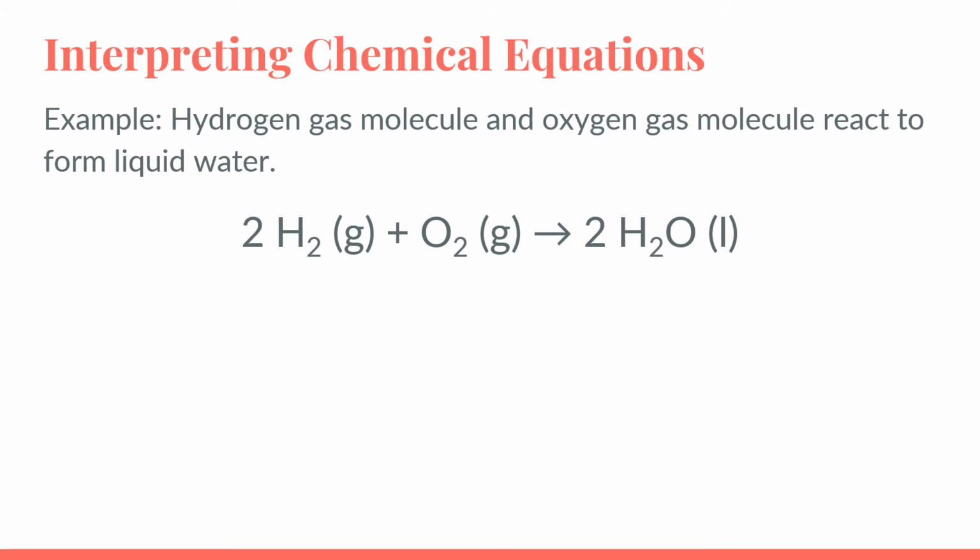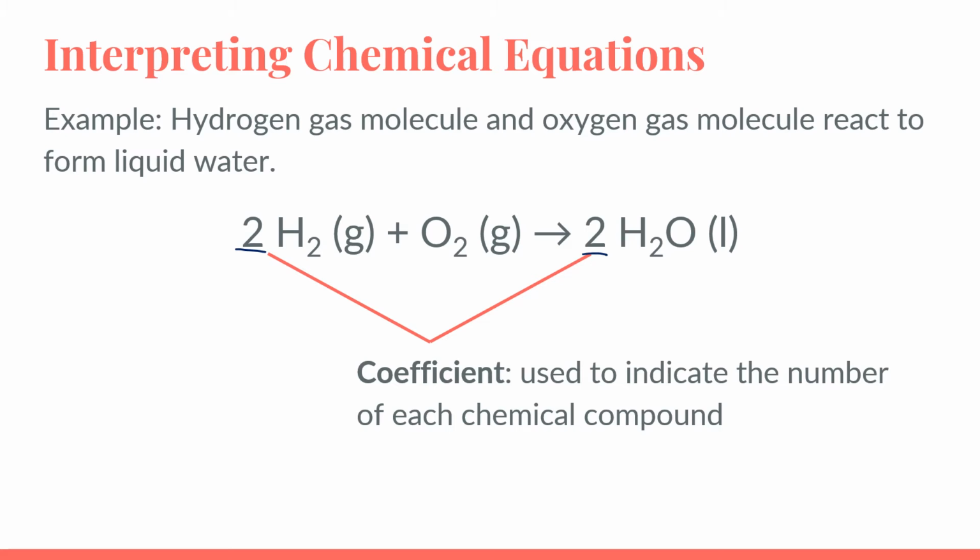Probably the most important part of balancing an equation is recognizing the coefficient, these big numbers here. These guys are called coefficients, and they indicate the number of the entire molecule, meaning when I see 2H2, I see 2. This is 1H2, right? This little 2 refers to the fact that there are two H's.